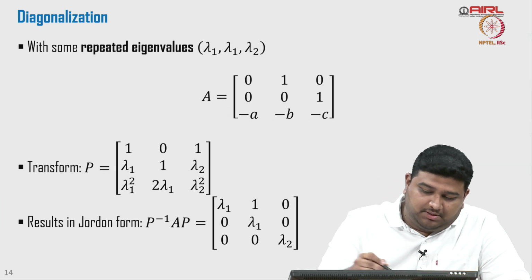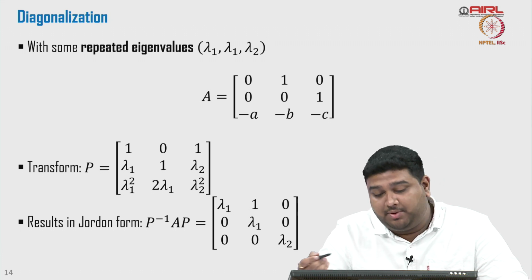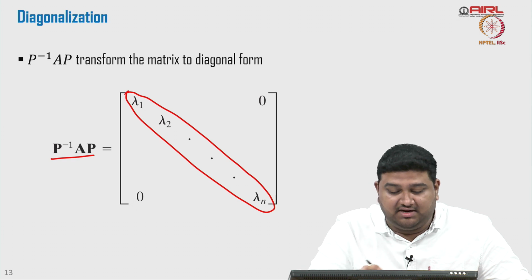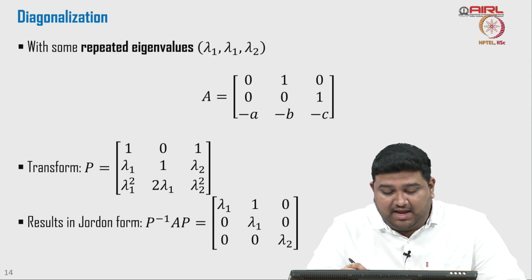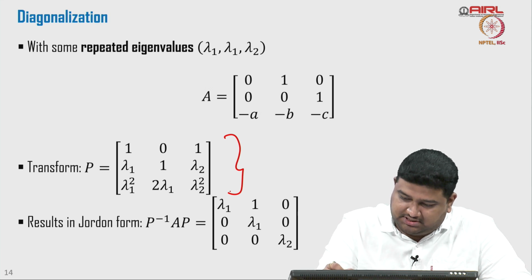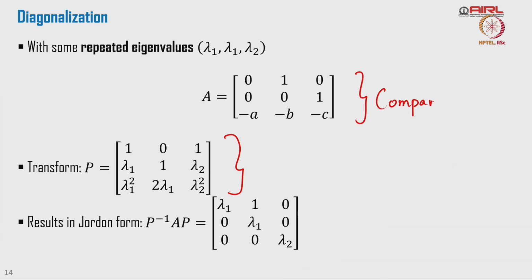Now, what do we do if we have repeated eigenvalues? The previous case was true if we had distinct eigenvalues. If we had repeated eigenvalues, we have a different transformation matrix. Again, notice that this is still in the companion form. So this transformation matrix will work only if the matrix is in companion form, and if we do P inverse AP, we end up with this matrix.